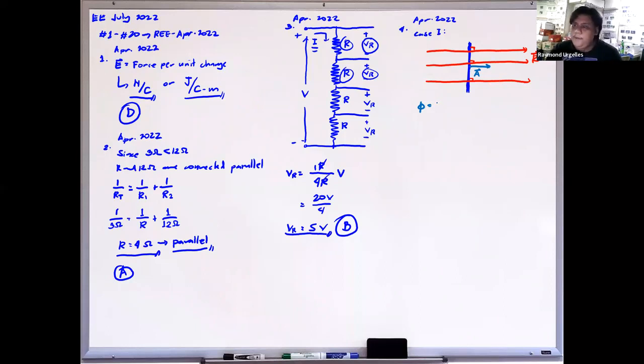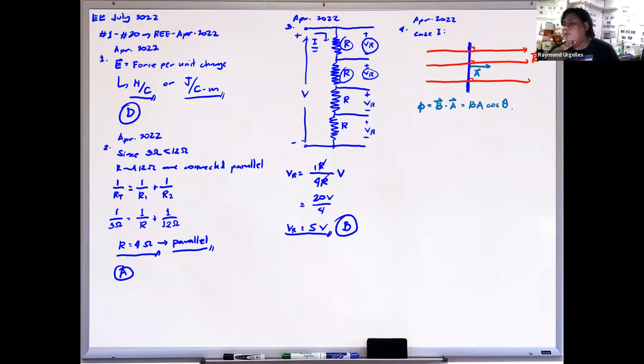So this should be a dot product or a cross product. It should be a dot product, so we have B dot A, or in terms of magnitude, BA cosine theta.